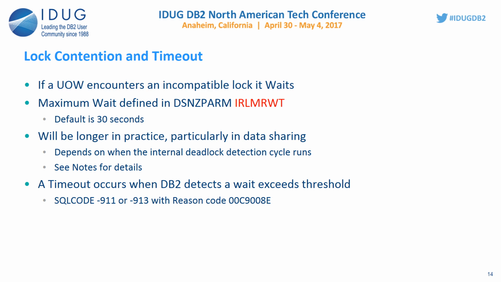So it's at least 30 seconds and up to 31 in a non-data sharing system, and there's a formula for the data sharing system one in the notes. So if you get a lock timeout, you'll get either a 911 or a 913 with a 00C9008E reason code.